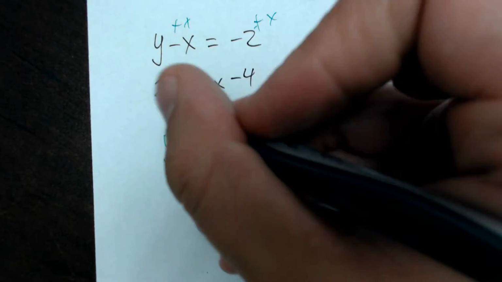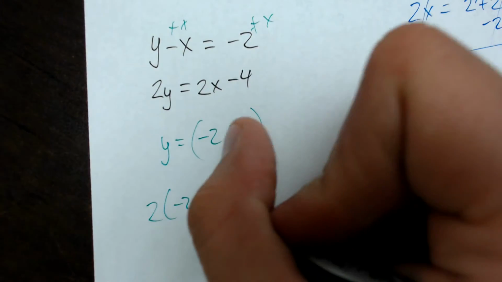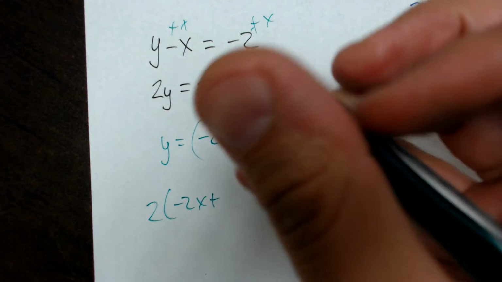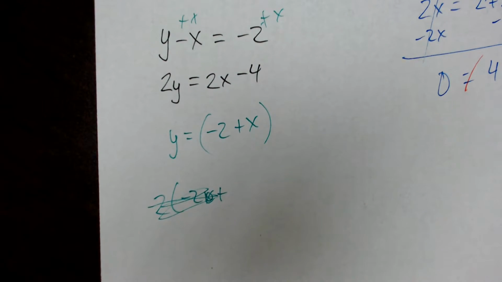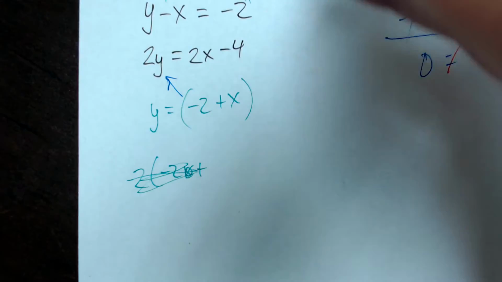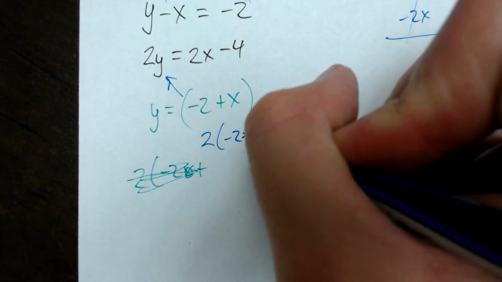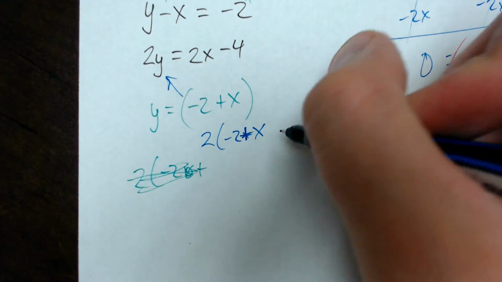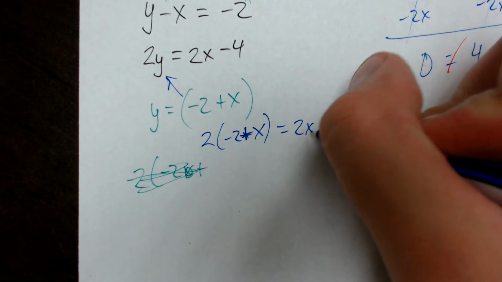If I plug that in for this right here, I get 2 times -2 plus, oops, not -2x. Let's rewrite this. Sorry. So if I substitute this in here, I would rewrite that equation as 2 times (-2 plus x) equals 2x minus 4.